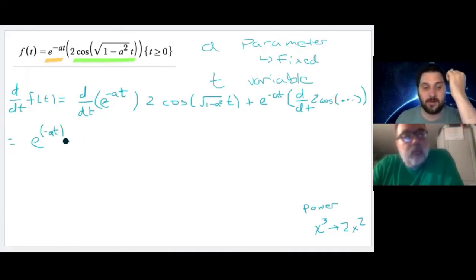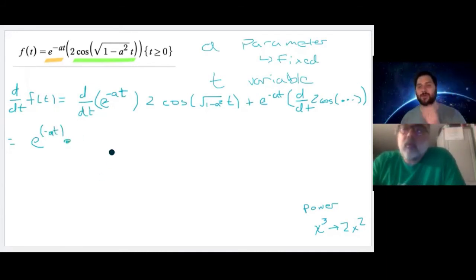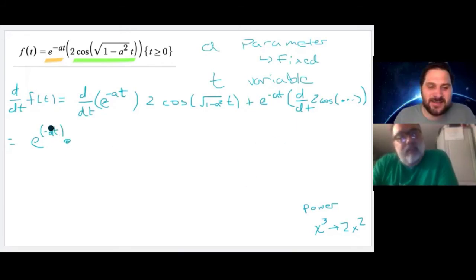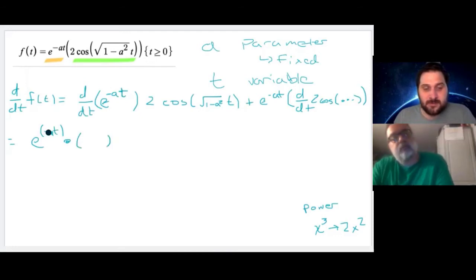There's a lot of times where students do too much. They try to take the derivative of everything they can see, over eager. So you just leave the blah alone, you leave the inside alone, and then you take the derivative of this. So you take the d by dt of minus at.